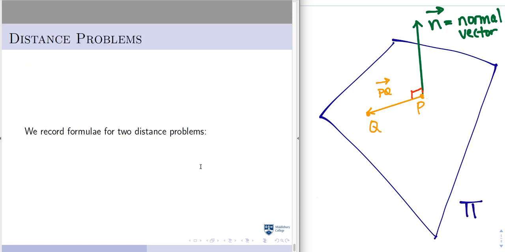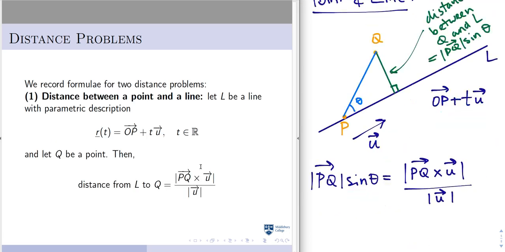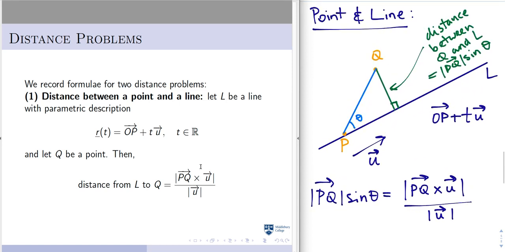So finally, we're going to record a couple of formulae for two distance problems. The first distance problem that we're interested in is determining the distance between a point and a line.